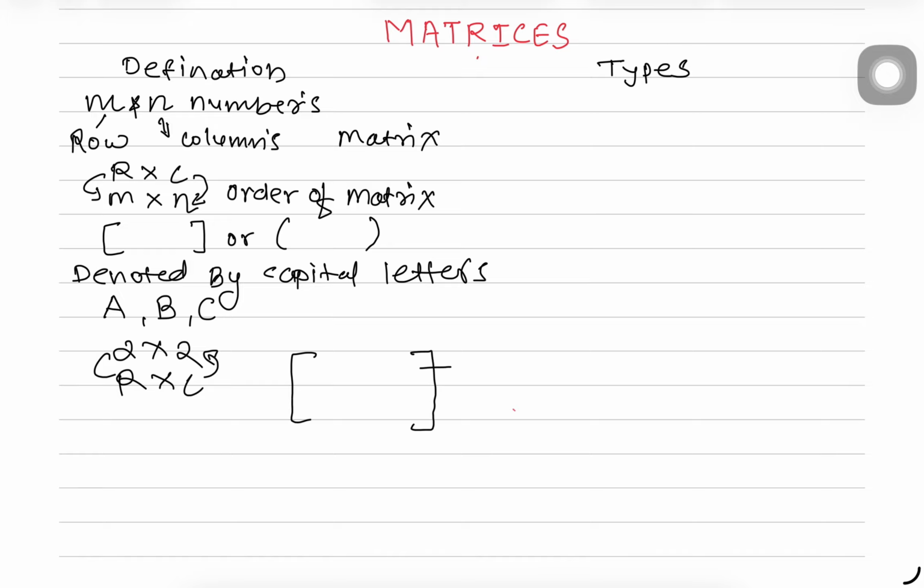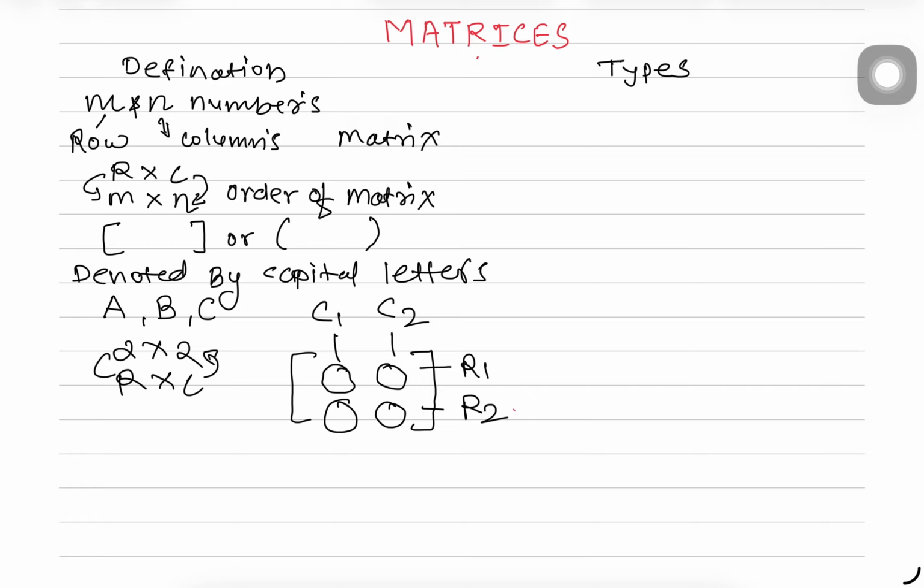There are two rows R1, R2, and two columns C1 and C2. So 2 into 2 is 4, so the matrix shows that it has 4 elements in positions like this.